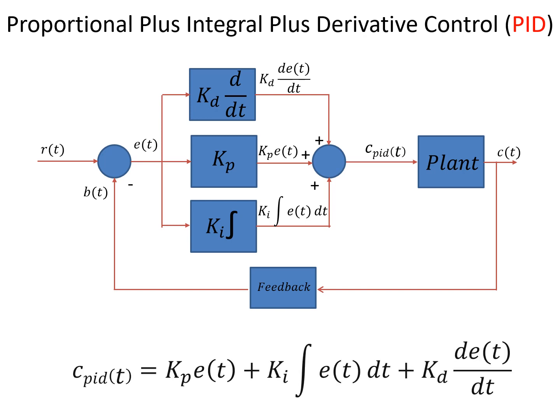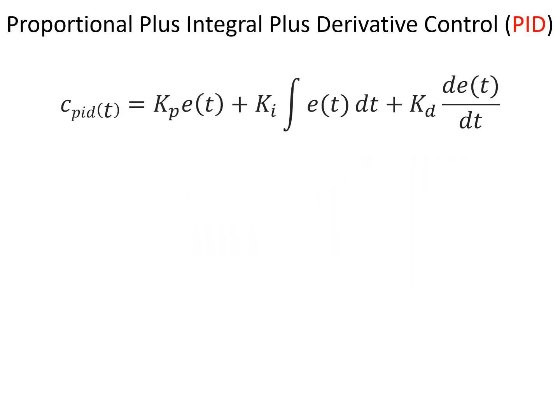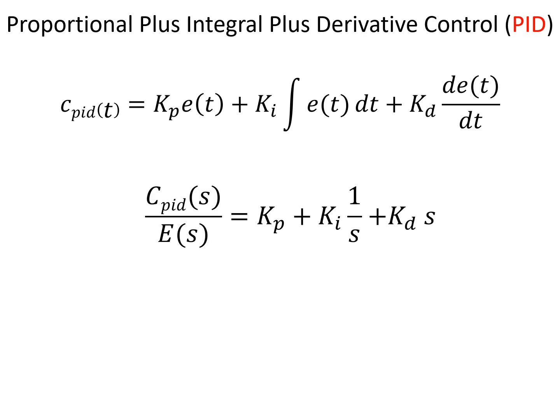The equation for the PID controller is given as C_PID of t equal to Kp into E of t plus Ki integral E of t dt plus Kd into dE of t by dt. And the transfer function for a PID controller is represented as C_PID of s by E of s equal to Kp plus Ki into 1 by s plus Kd into s.